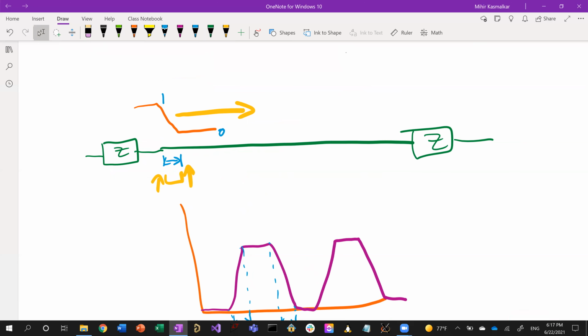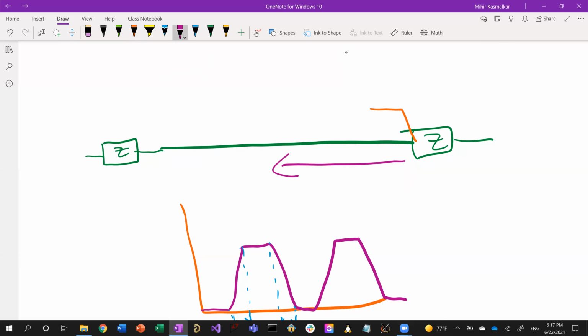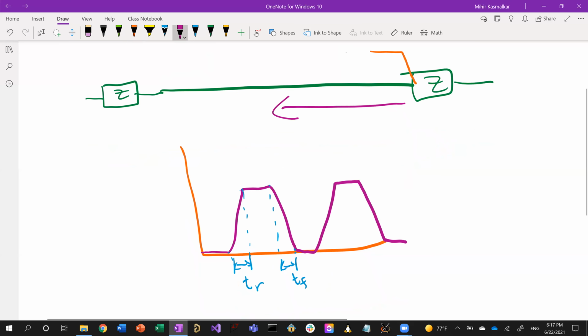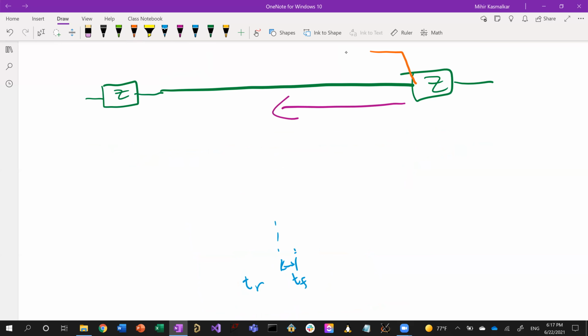To start off with that, we need to look at what happens when the wave has reached the end of the transmission line. Once this rising edge reaches the impedance discontinuity, you now see a changing voltage here. Once this rising edge sees the impedance discontinuity, you see the reflected wave propagating backwards and adding to this rising edge.